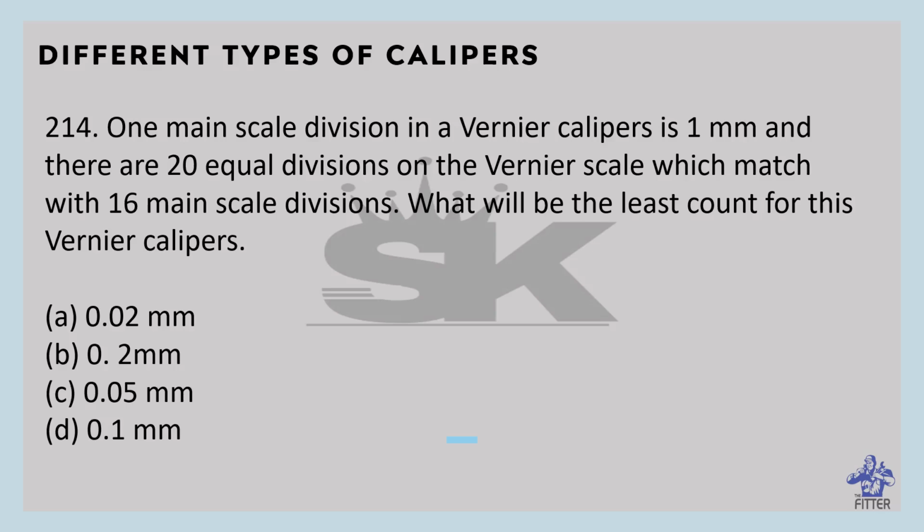One main scale division in a vernier caliper is 1 mm, and there are 20 equal divisions on the vernier scale which match with 16 main scale divisions. What will be the least count for this vernier caliper? Well, 1 MSD equals to 1 mm. The number of divisions on the vernier scale is 20. One vernier scale division, 1 VSD, equals to the coincidence point 16 upon 20, because 20 equal divisions are there, right?